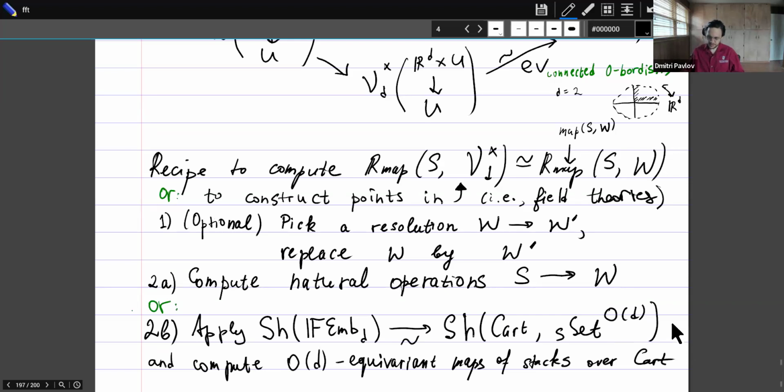And OD here is understood as a topological group or infinity group. So that's equivalent to BOD, which in turn is also equivalent to the monoid of embeddings of RD into itself.